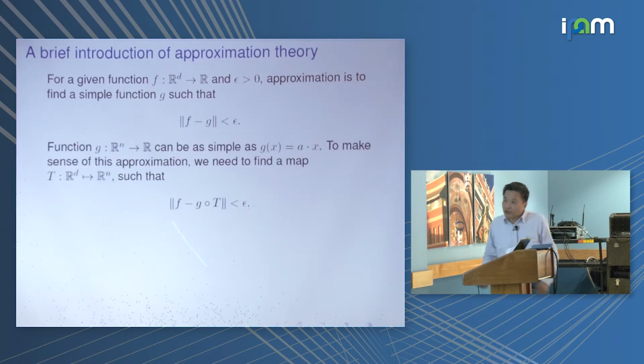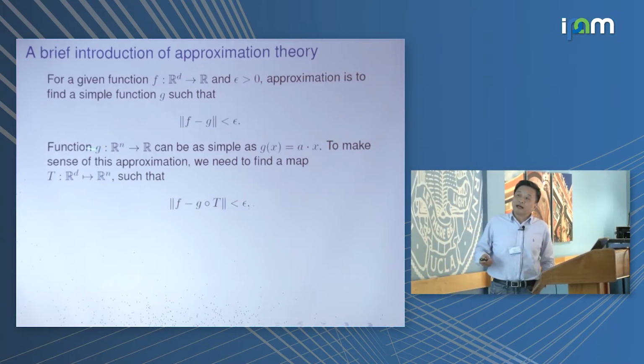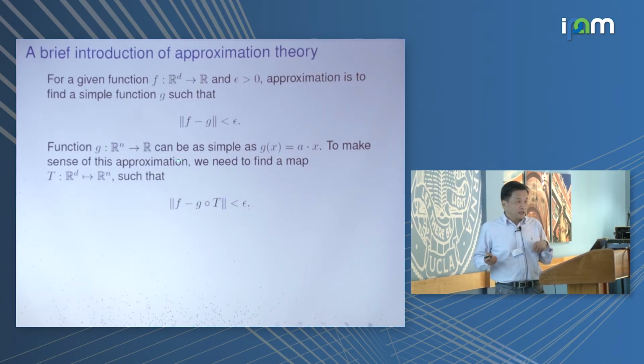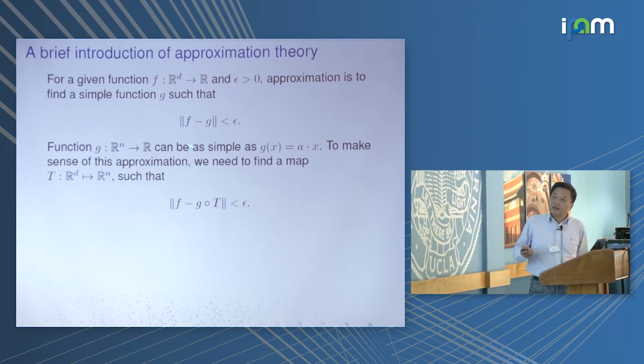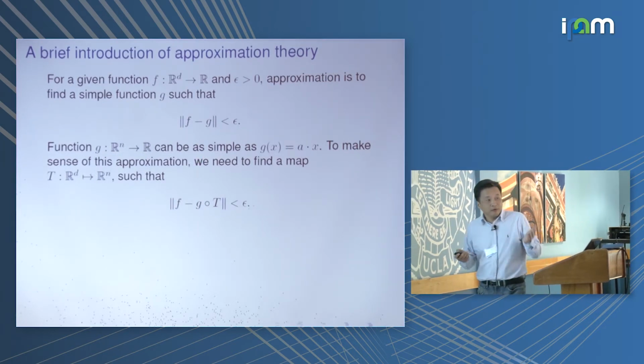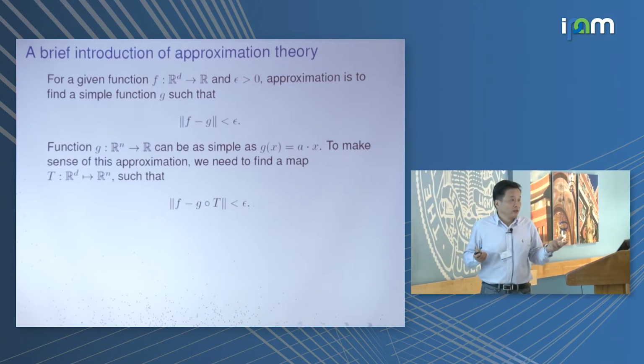But sometimes your g can be simple, but g does not necessarily need to be defined on R^d. You can define it on R^n. That's in the deep learning case. R^n is more like your feature space. Your feature space is different. Your g can be simple, it's linear, or you may use a fully connected net, which is basically piecewise linear.